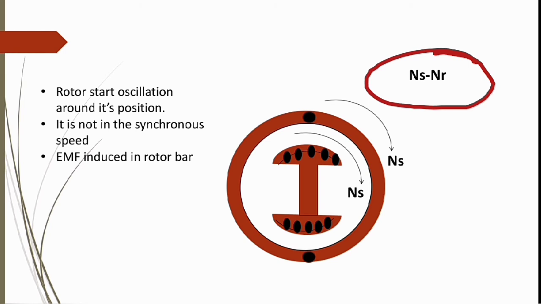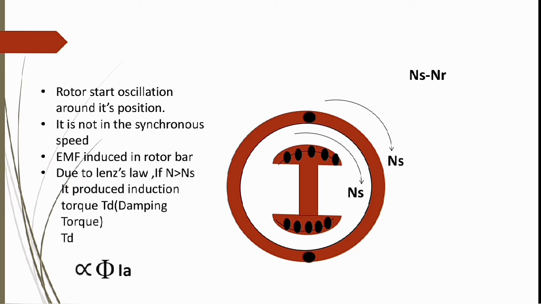So the EMF is induced, and due to Lenz law, we know the effect opposes its own cause. So what is the cause? The cause is ns minus nr.